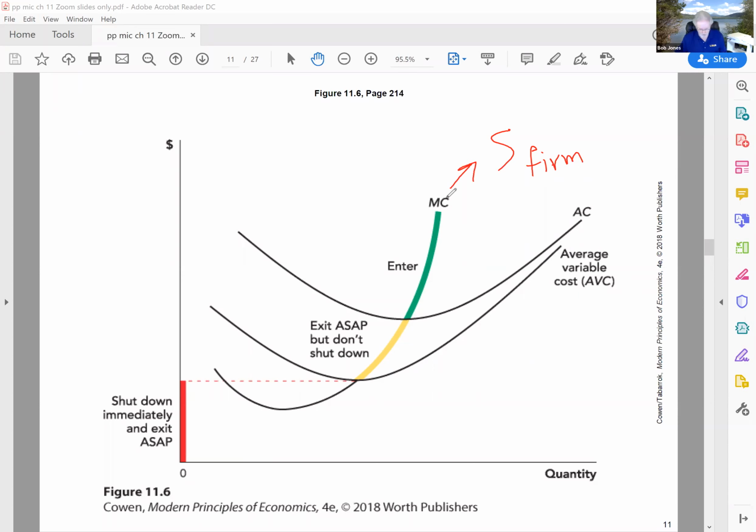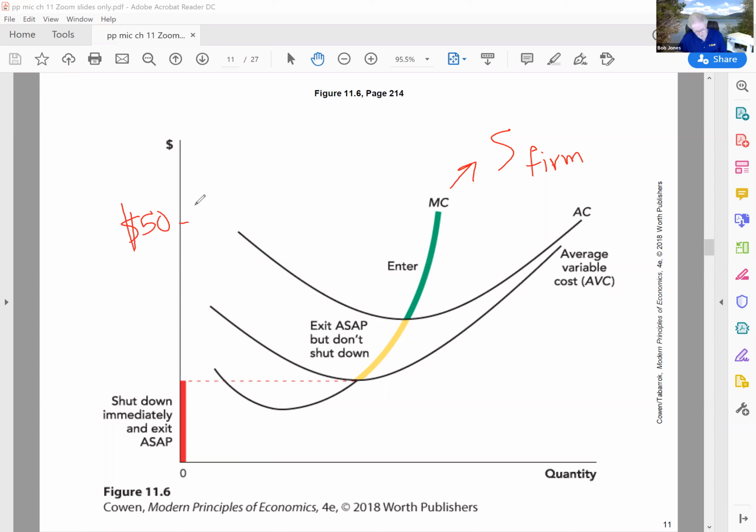Think about why that is. Let's say the price is up here at $50. Okay. What's the firm going to do? Well, first thing, and notice the process we follow here. The first thing the firm is going to do is determine what is the profit maximizing quantity.